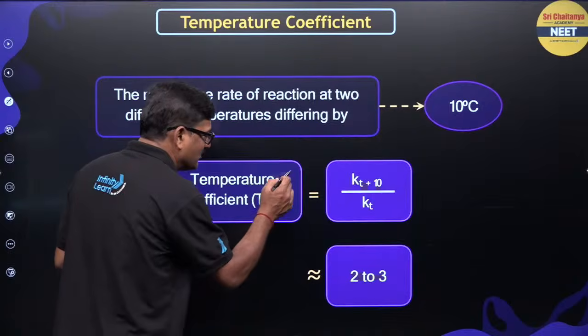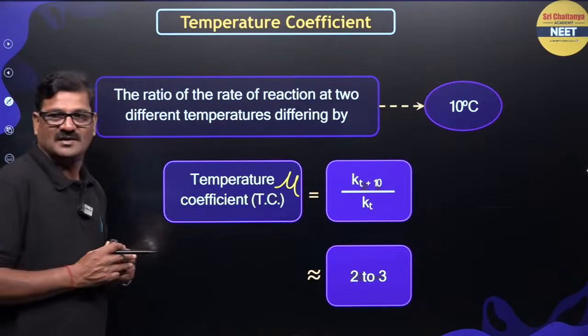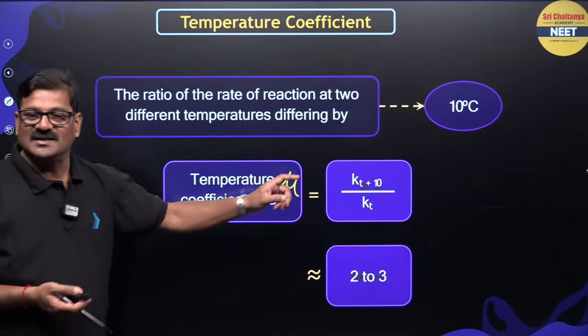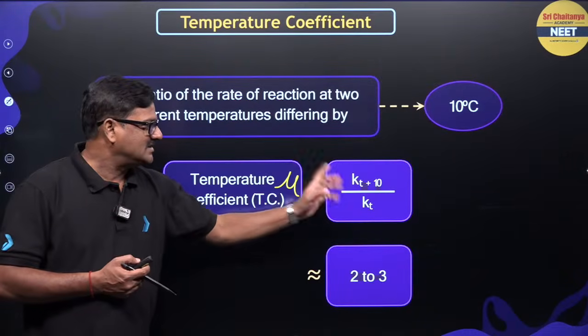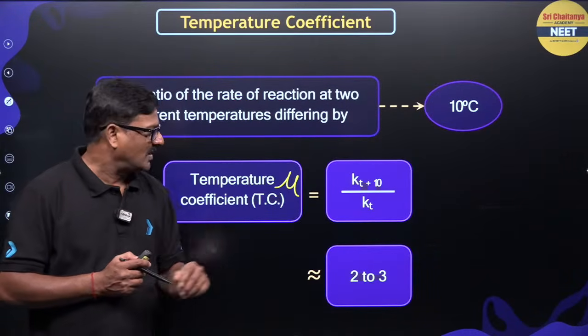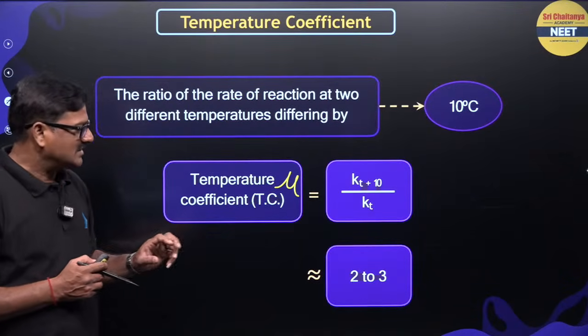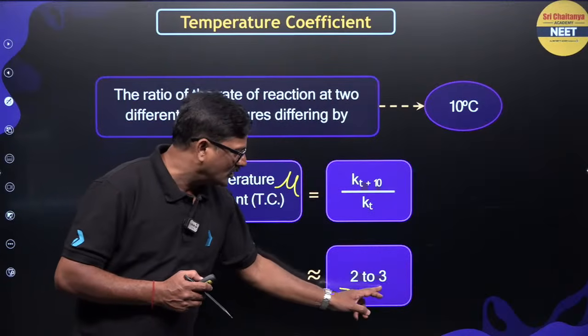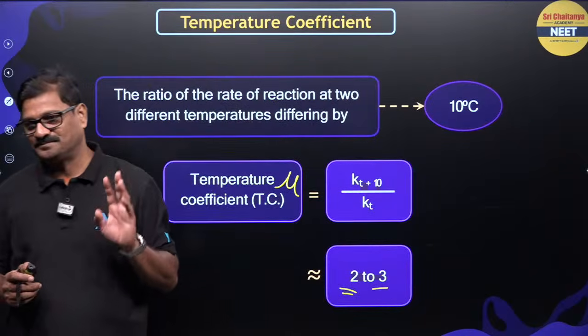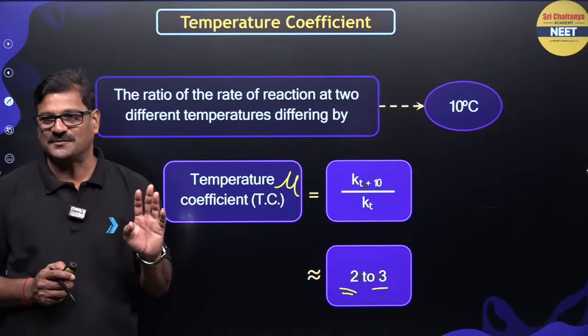It is indicated by a symbol called mu. That is rate constant at T degree centigrade plus 10 upon rate constant K at T, and generally it could be either 2 or 3. In most of the cases it is 2.